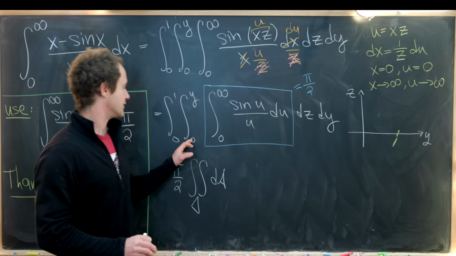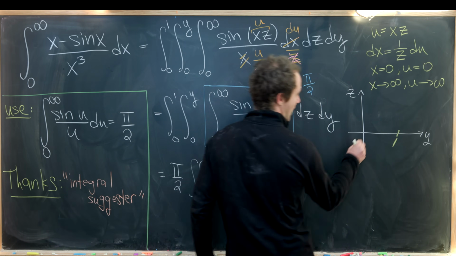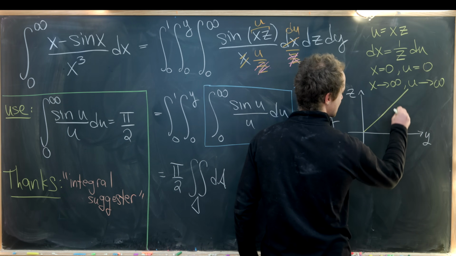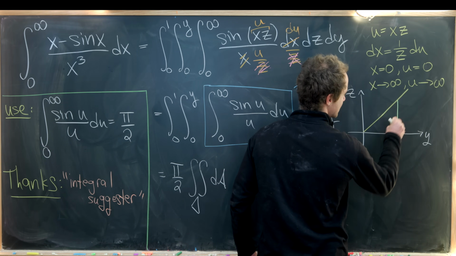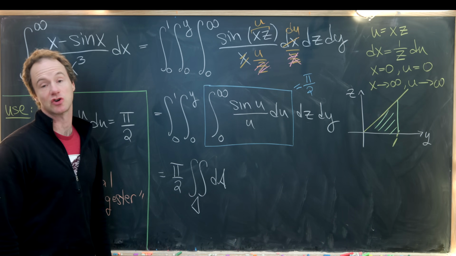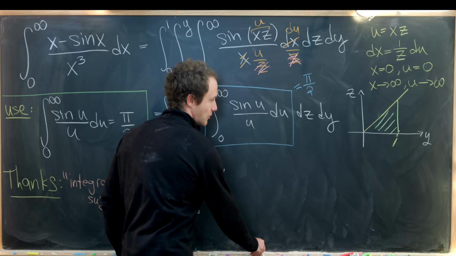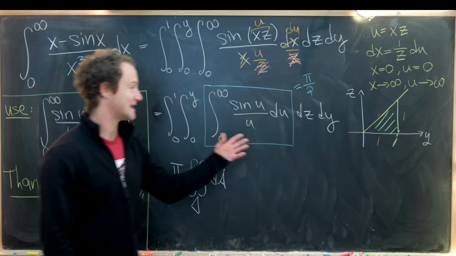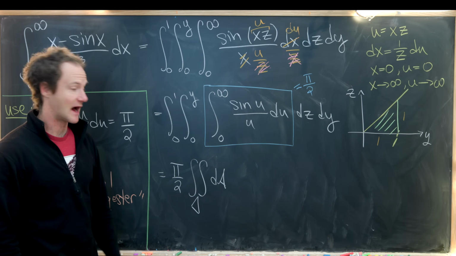And then the z value is going between 0 and y. So I probably want to draw the graph of z equals y here. Let's notice that our region that we're doing this double integral over is that triangle. And that triangle pretty clearly has a base of 1 and a height of 1. That means it has an area of a half.